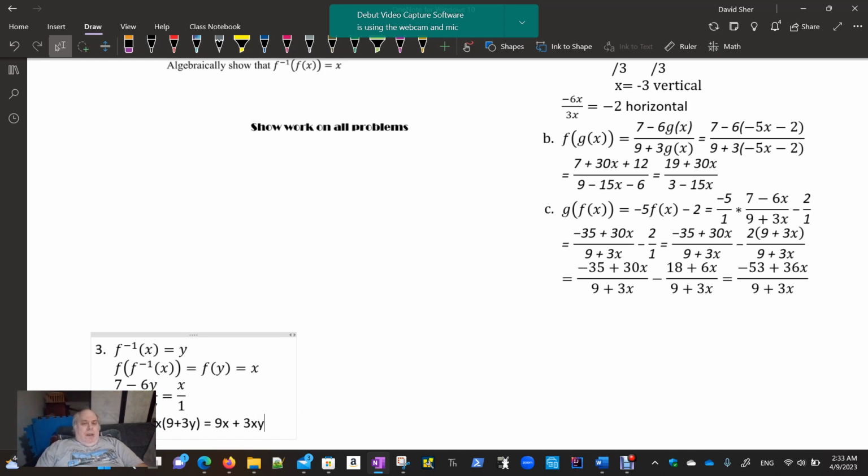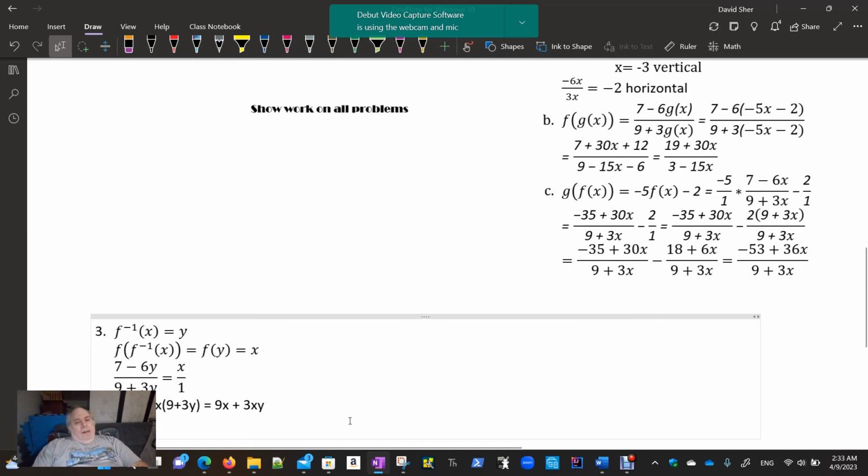So far, so good. And I'm going to make sure we don't run out of screen space on that. Good. Now that we have this formula, we're going to move all the terms that have y to the left side and move all the terms without y on the right side.